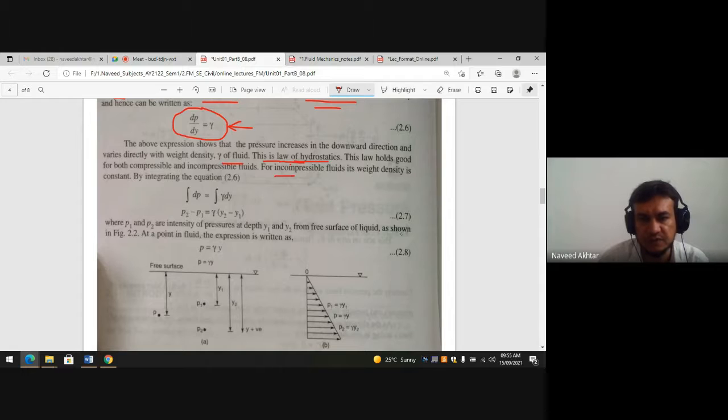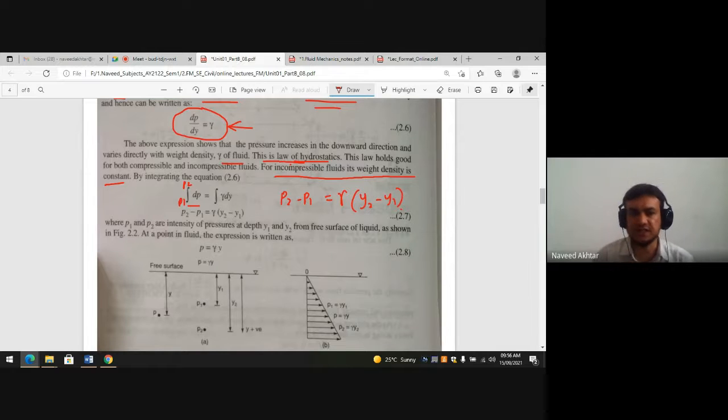For incompressible fluid, the weight density is constant. By integrating the equation, integration of dp and gamma dy, with limits P1 to P2, you can write P2 minus P1 is equal to gamma times (Y2 minus Y1).